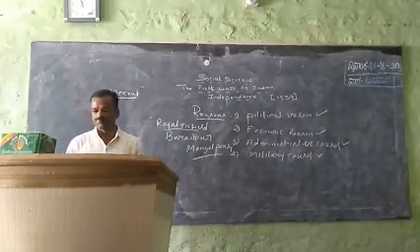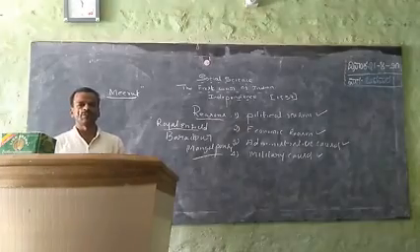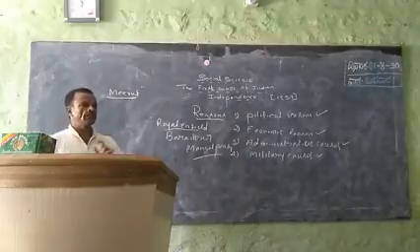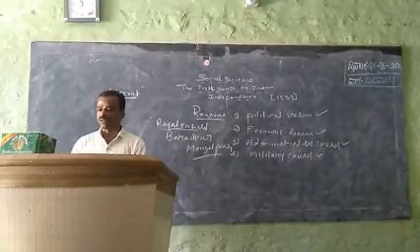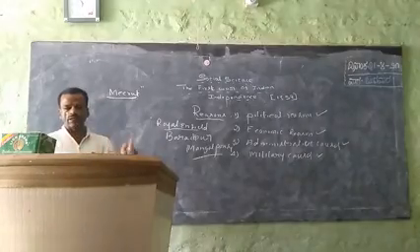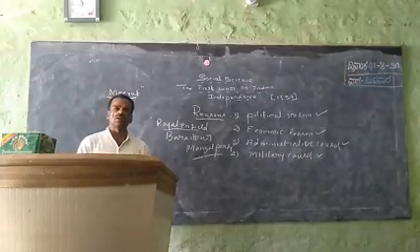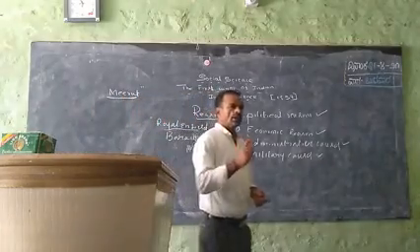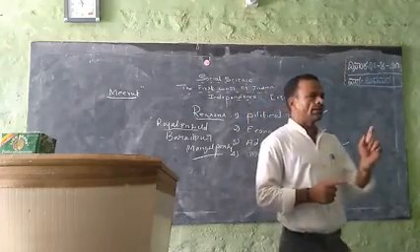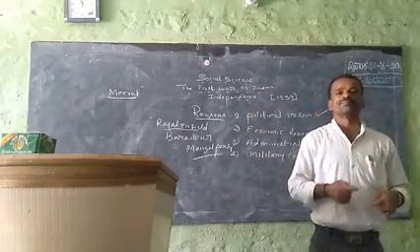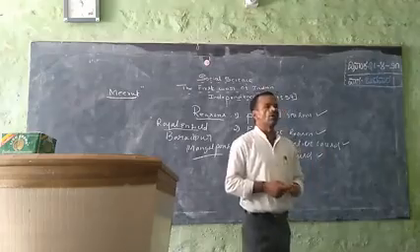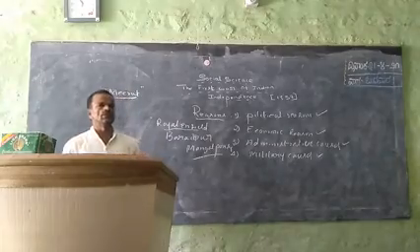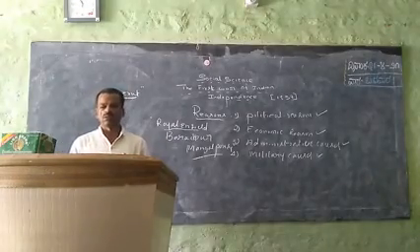First point: the 1857 revolution did not cover every part of India. The 1857 revolution did not cover the whole part of our country. So that is the first failure.